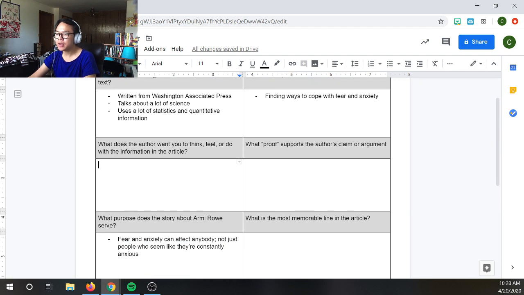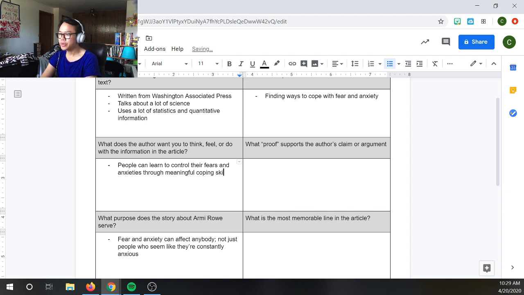I'm starting to get the feeling that one of the things the author of this article is trying to get across is that people can learn to control their fears and anxieties through meaningful coping skills and practice.